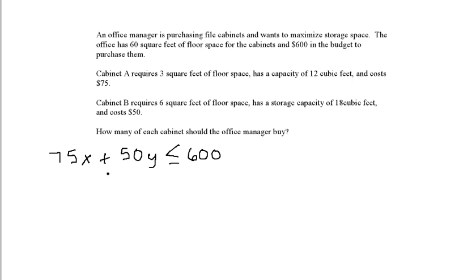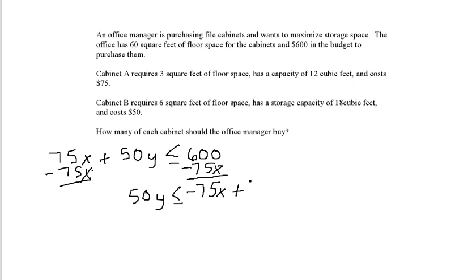Let's take this and solve it for y, because we're going to be graphing this equation. Subtract 75x on both sides, and we're going to have 50y is less than or equal to negative 75x plus 600.